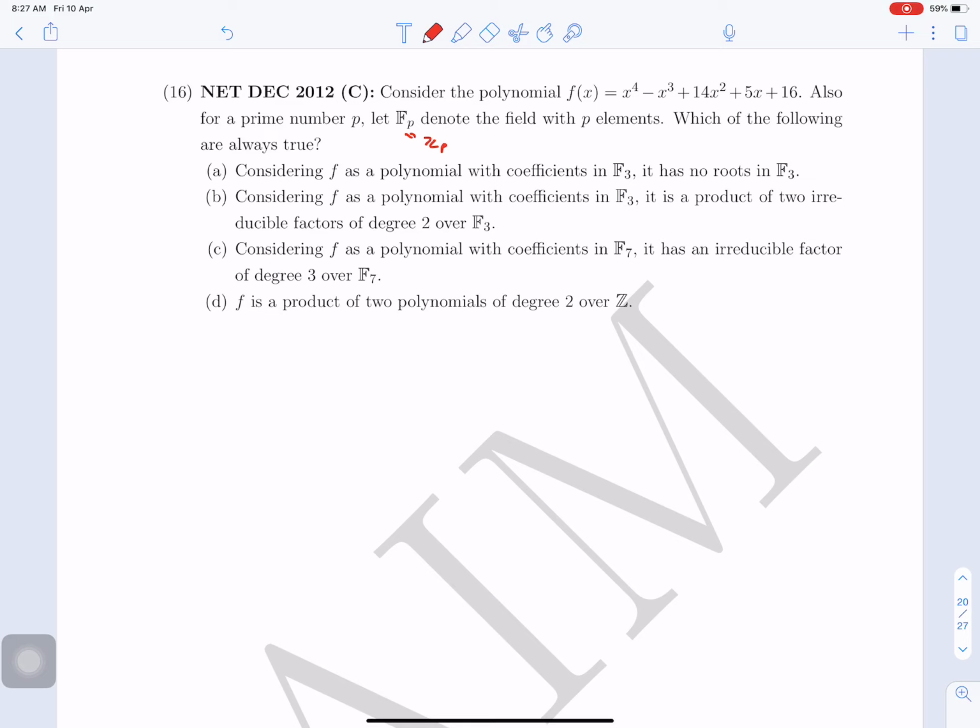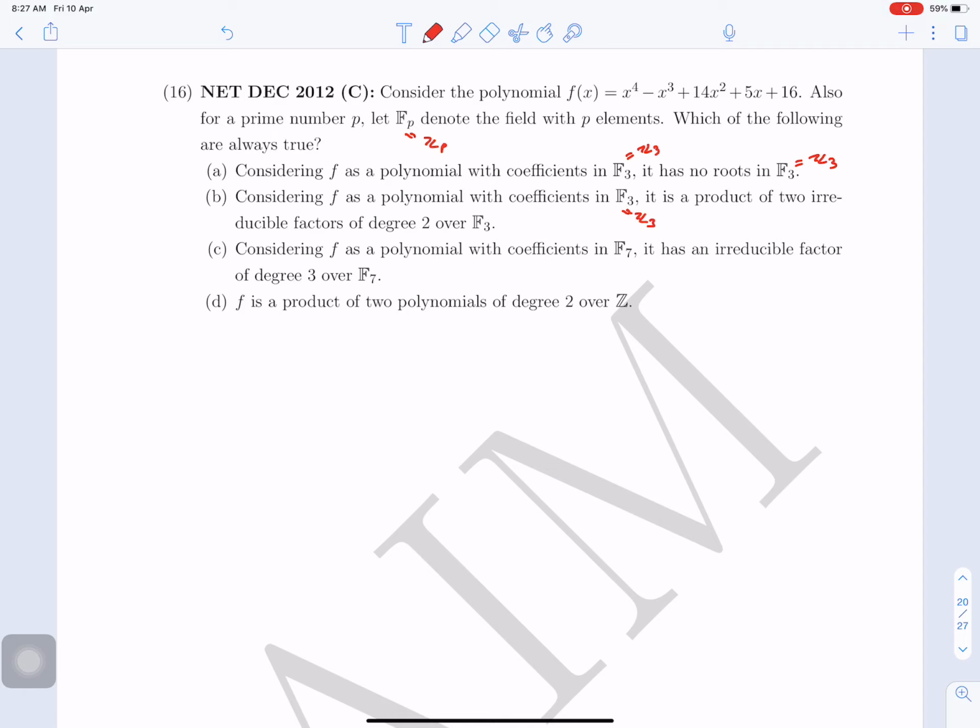Considering f as a polynomial with coefficients in Z3, it has no roots in F3. So F3 means Z3. Consider f as a polynomial with coefficients in F3, that is Z3.